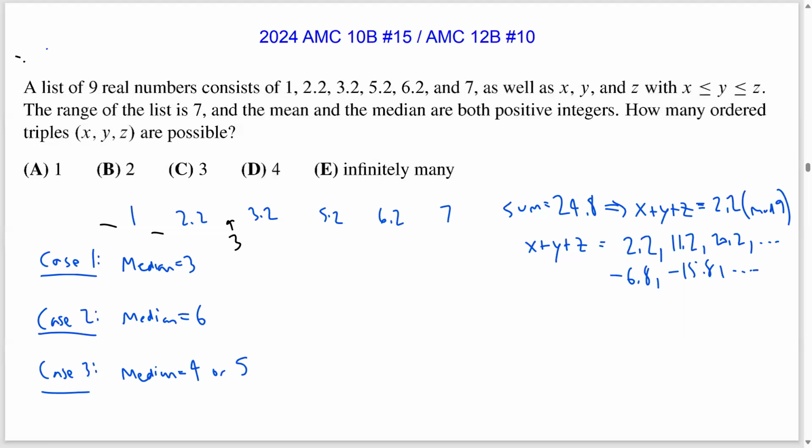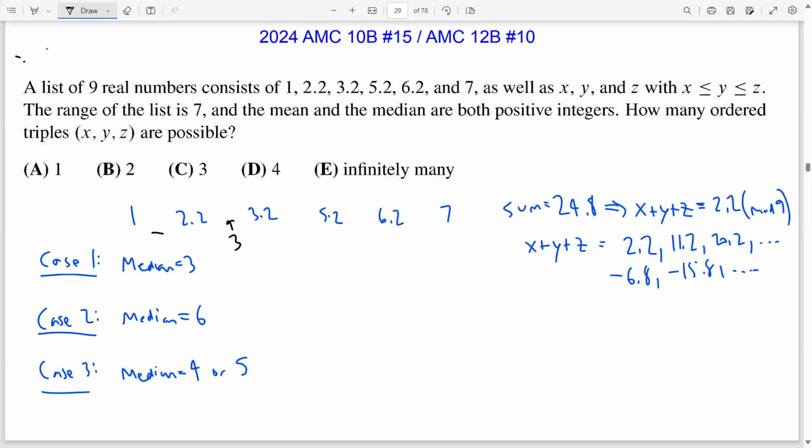However, we also know that the range of the list is 7. Because 7 is the largest number and the remaining 2 integers have to be less than 3, we can actually conclude that the smallest number has to be 0. And then the third number we should be able to figure out.